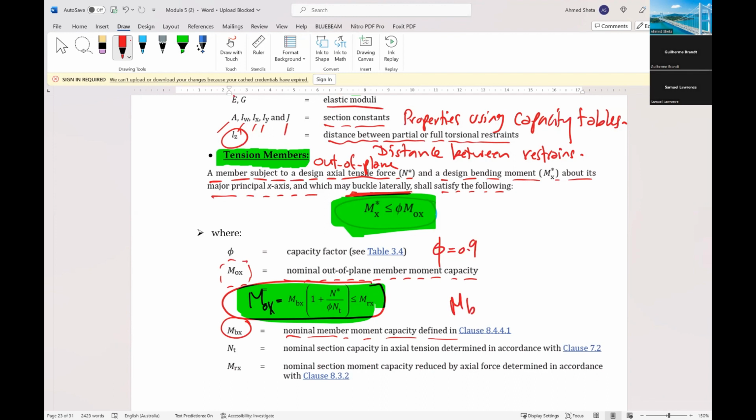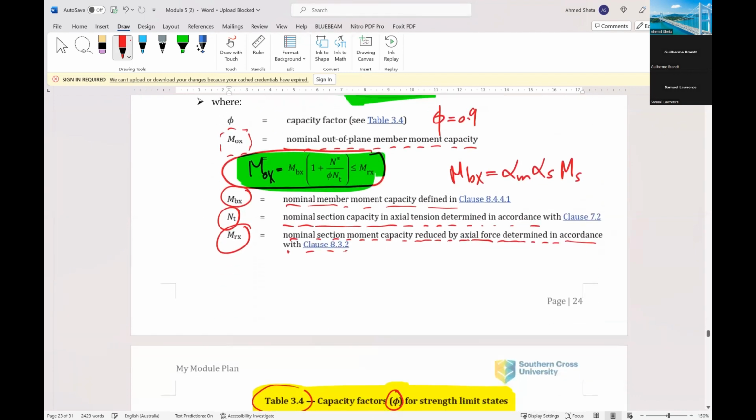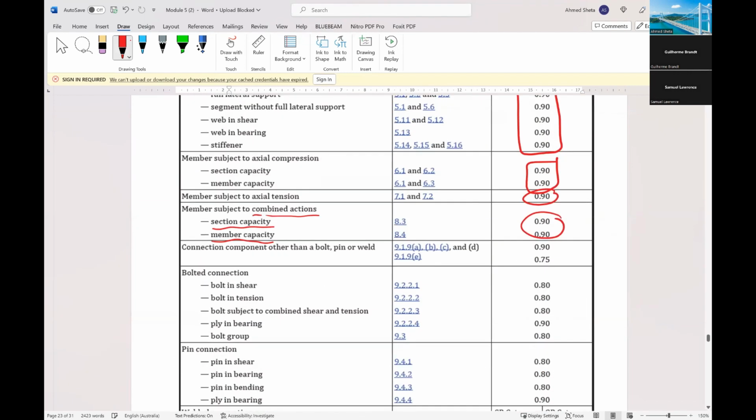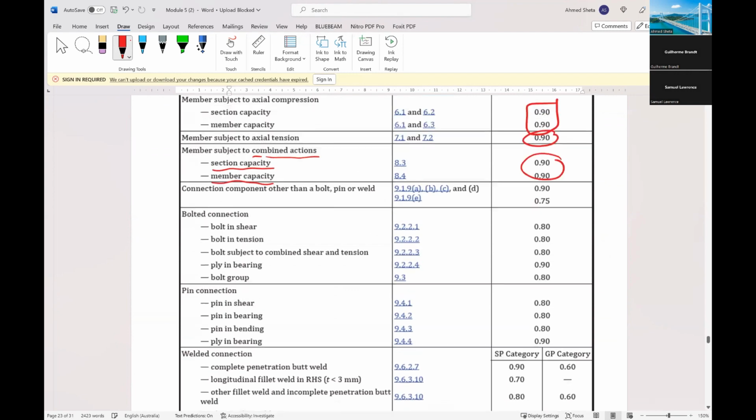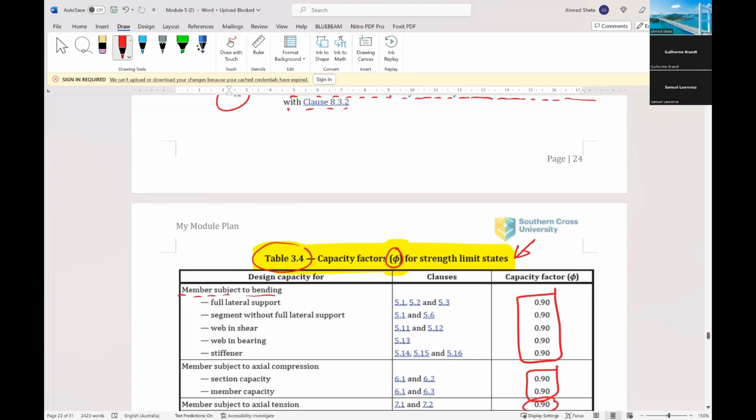Again, Mbx is equal to phi alpha m alpha s Ms. Nt is the nominal section capacity in axial tension. Mrx, nominal section moment capacity reduced by axial force, determined in accordance with 8.3.2. And here is again the value of phi, the capacity factor.